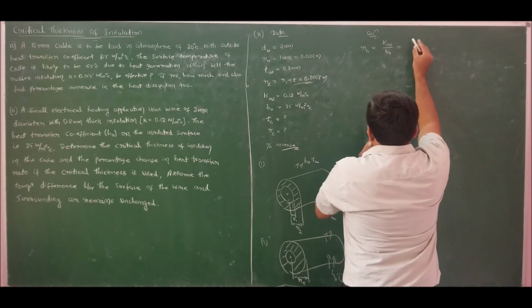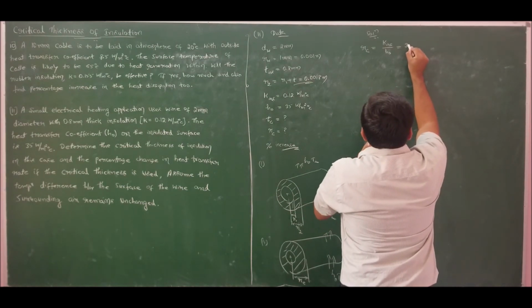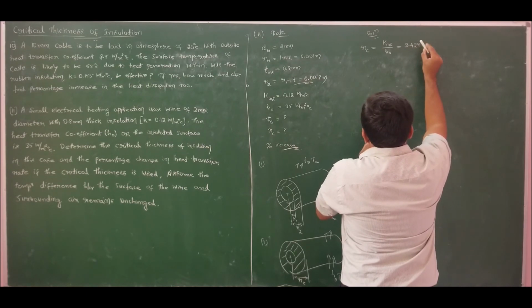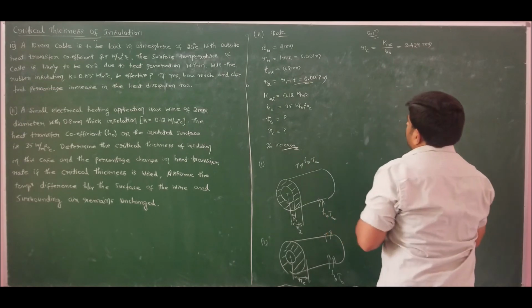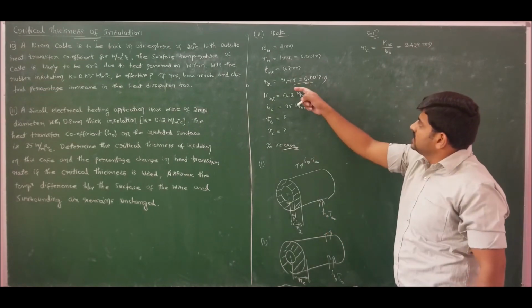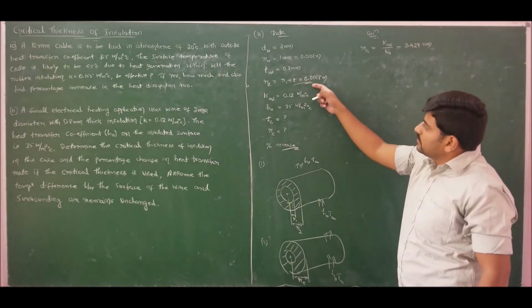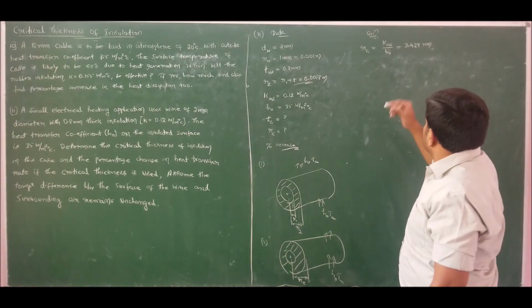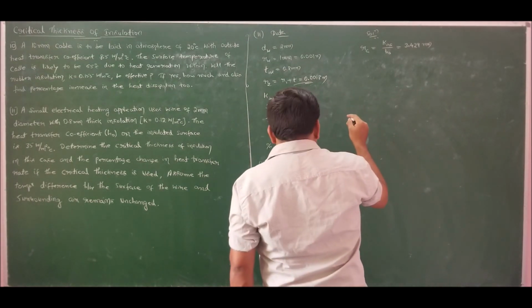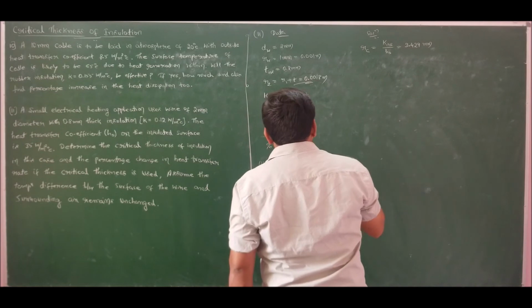Hence critical radius is 3.429 millimeters, whereas he is using just 1.8 millimeters. Now we can solve for both the cases.